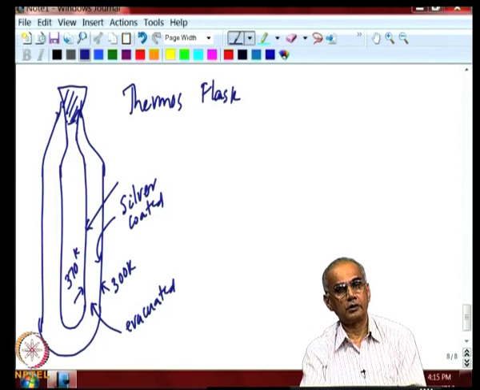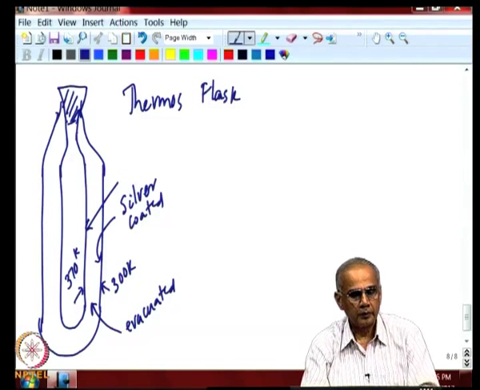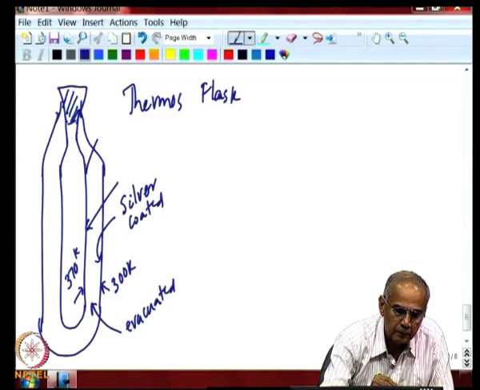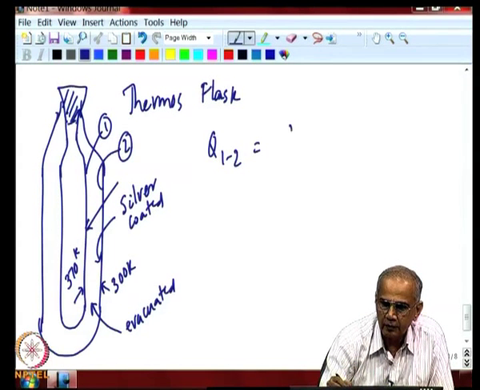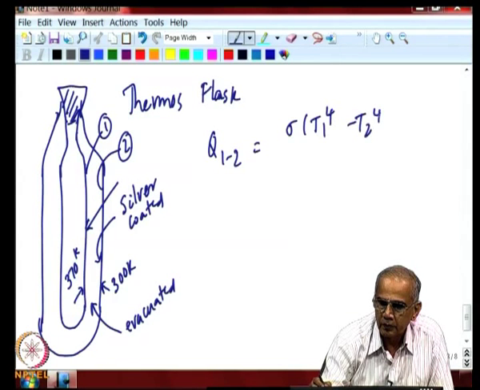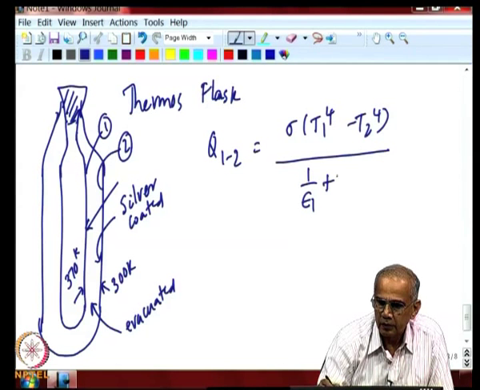And then the only loss left is radiation, and it can be shown that if this is surface 1 and this is surface 2, we will discuss later, you can show that heat transfer from 1 to 2 can be treated as between two parallel plates, and then if you assume that the surfaces are gray, diffuse isotropic.